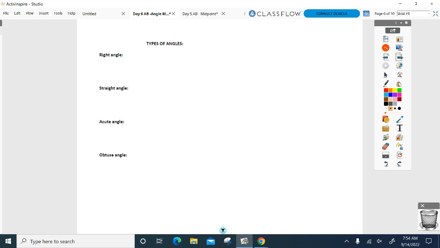All right, here we go. I think have you seen all 4 of these types of angles before? Okay, right angle, what do you know about it? Measures 90 degrees, yep.